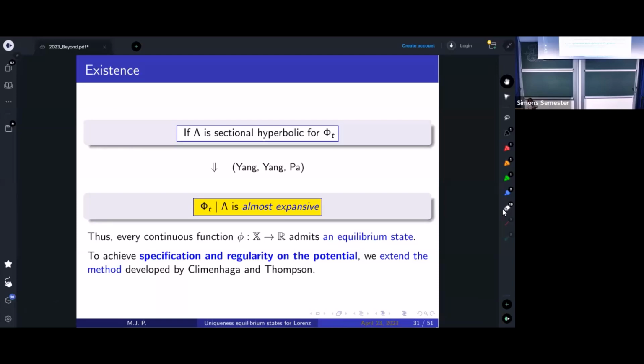To achieve specification and the regularity of the potential, following Bowen's principle method, we extended the method developed by Climenhaga and Thompson. What is this method?